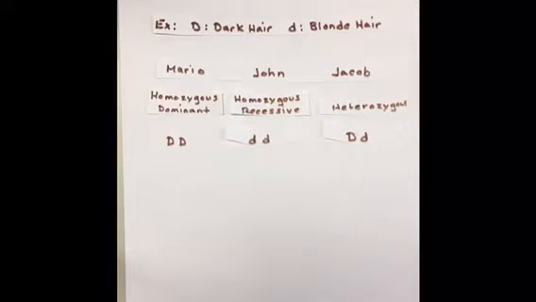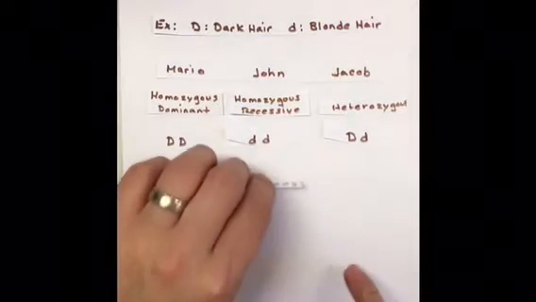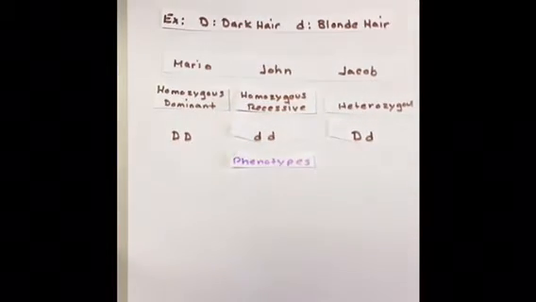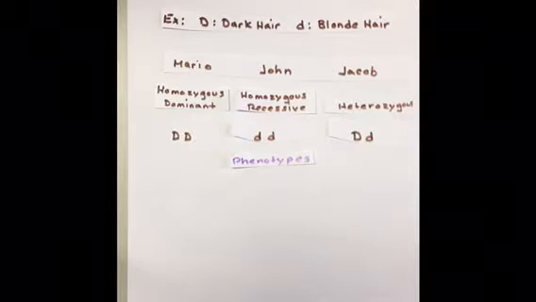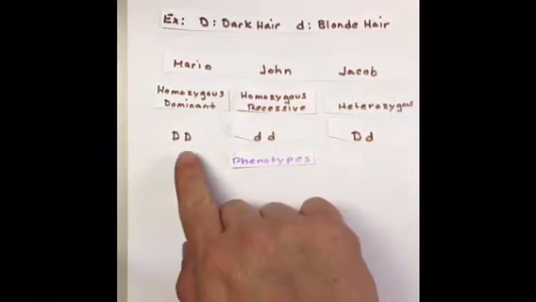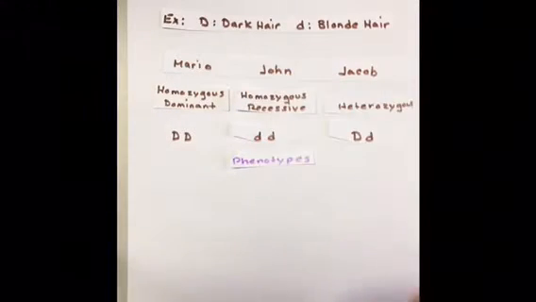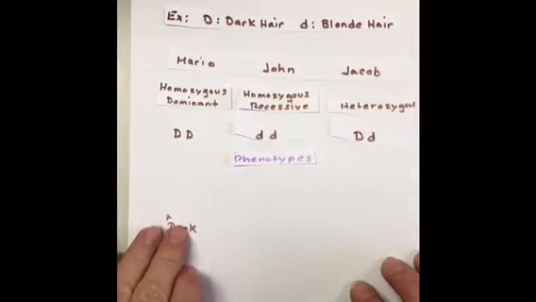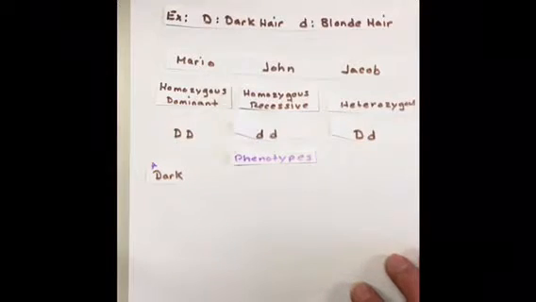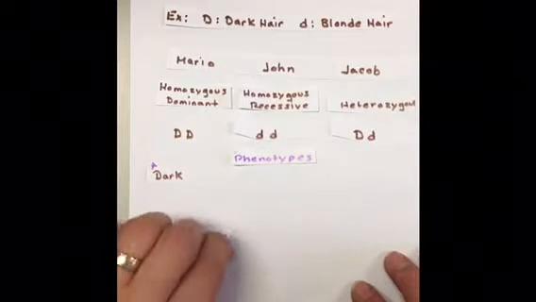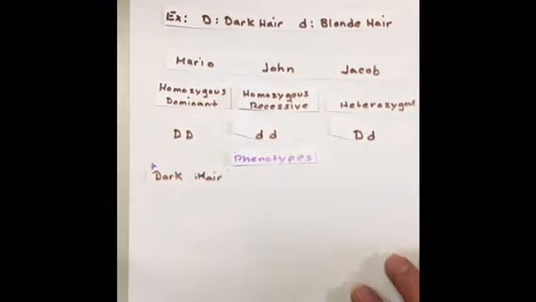So, now what would the phenotypes be? What are their physical appearances? Well, remember, Mario has two dominant genes, and the dominant gene will give you dark hair. So it's pretty easy to guess that Mario would have dark hair.